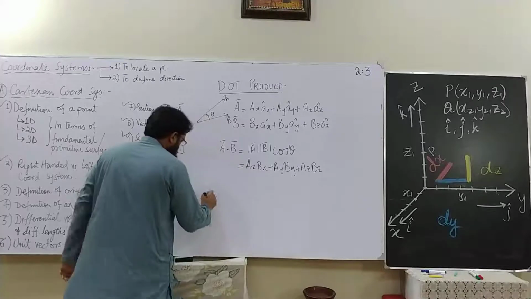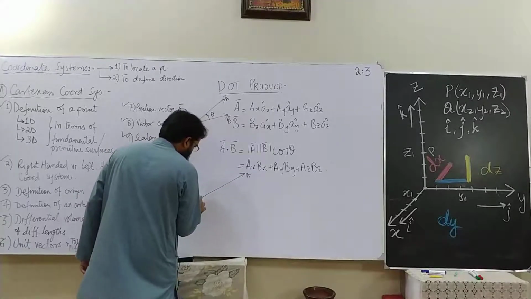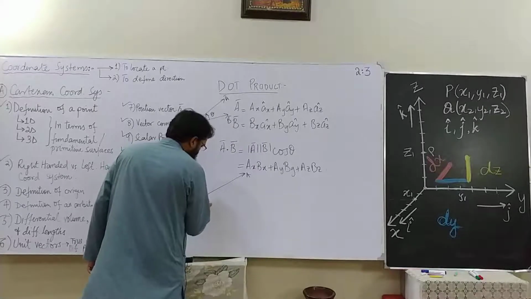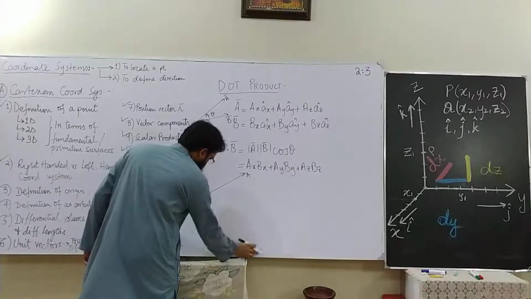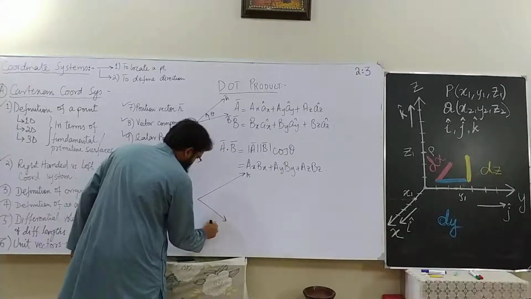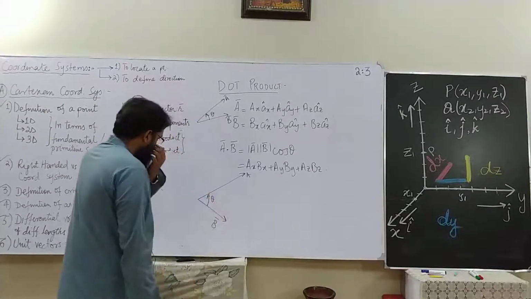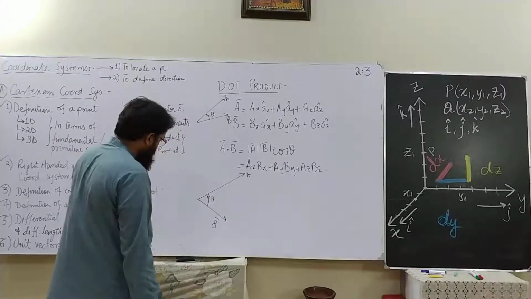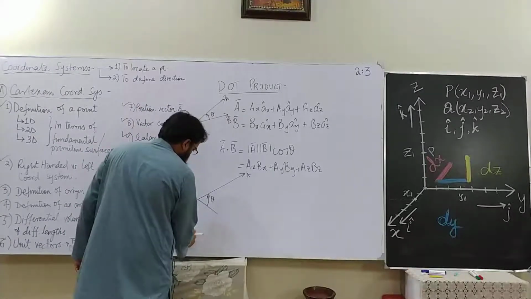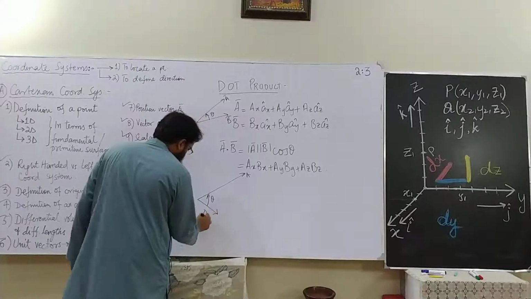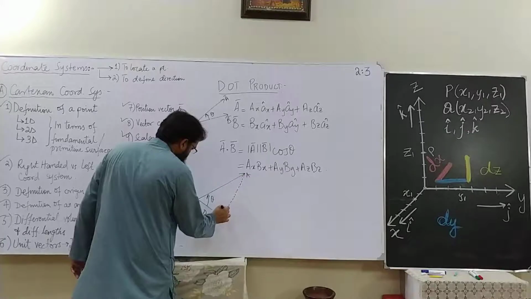Okay, let's say if I've got a vector A here, and if I've got a vector B here, okay, and here we have got some angles. So if I want to find the scalar projection, I just have to drop a perpendicular here.